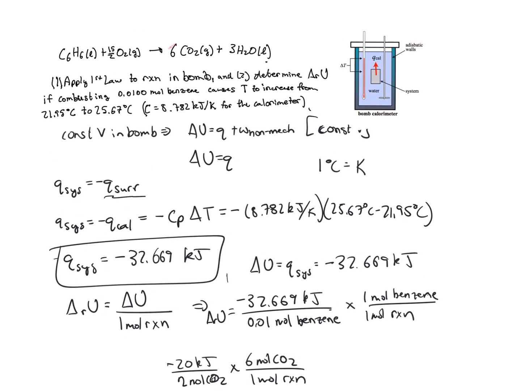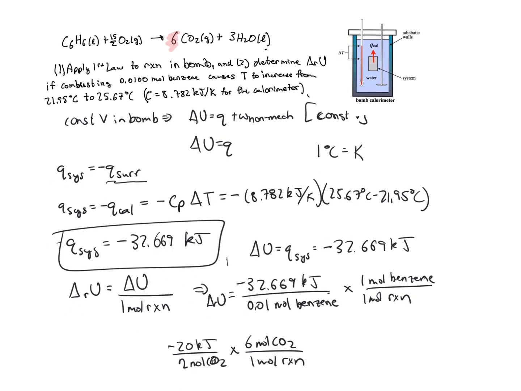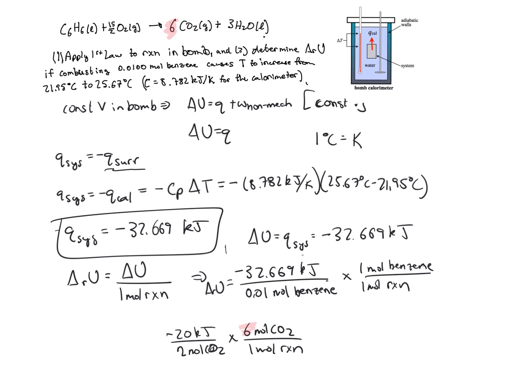So the coefficient in the balanced chemical equation does come in here when we convert from moles of a substance, here say CO2, to just the overall moles of reaction.